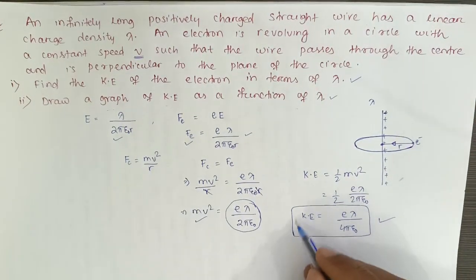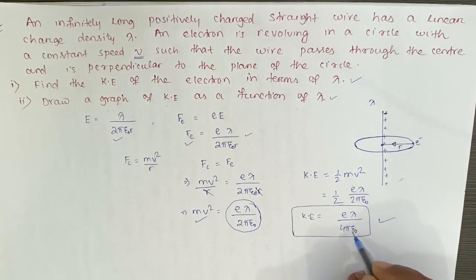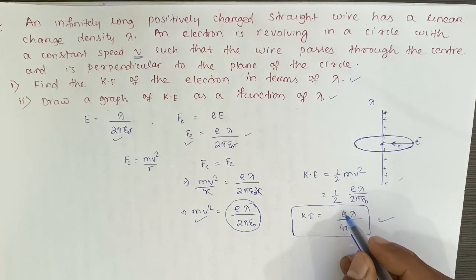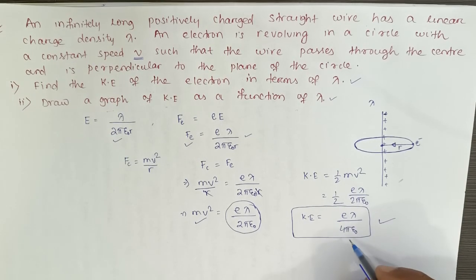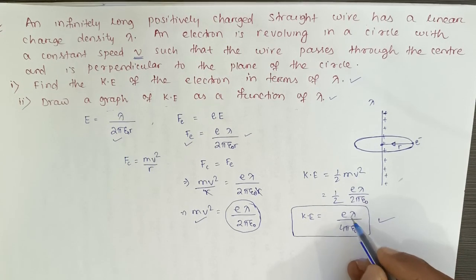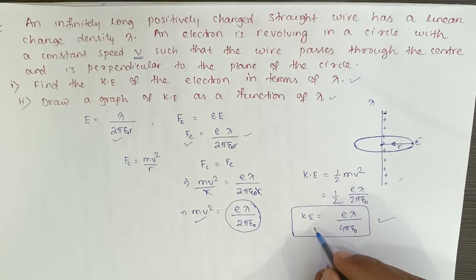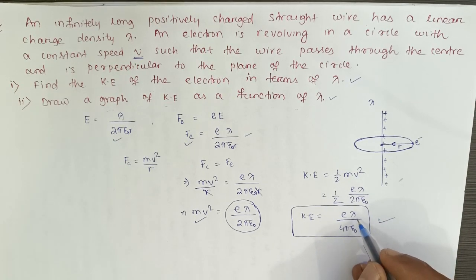So if you look at this formula, kinetic energy equal to e lambda divided by 4 pi epsilon naught. Here e means the charge of the electron, it is constant, 4 is a constant, pi is constant, epsilon naught is also constant. This lambda can be changed. If I use different values of lambda, then the kinetic energy will change. So kinetic energy is directly proportional to the linear charge density or lambda.